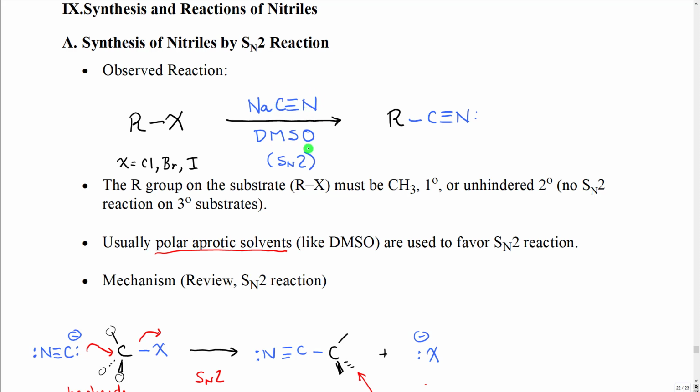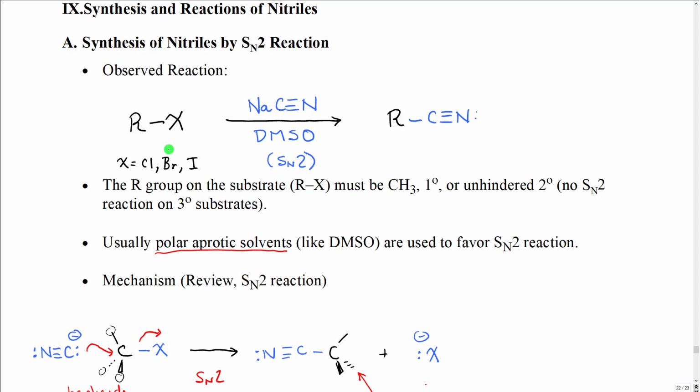We use DMSO because it's a polar aprotic solvent which favors SN2, and we need to be able to dissolve that ionic substance. We get an SN2 reaction where the cyanide reacts with R, we push out X-, and we get this product.